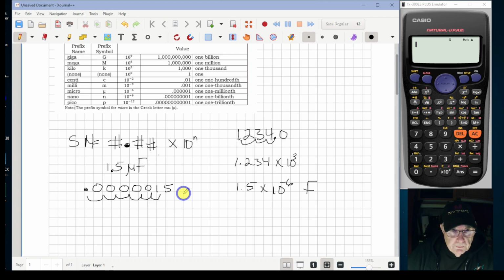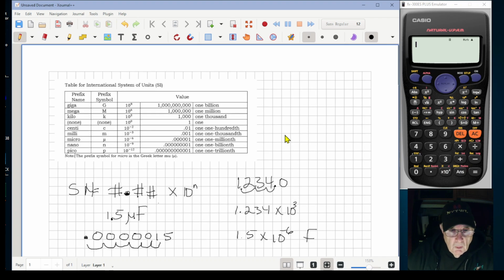So I think the real takeaway here is that when we're on the left-hand side of the decimal point over here, this tells us how many zeros. You can see that: 10 to the 9th, there are 9 zeros there. There are 6 zeros in mega, 3 zeros here. Each one of these goes up by 1,000.